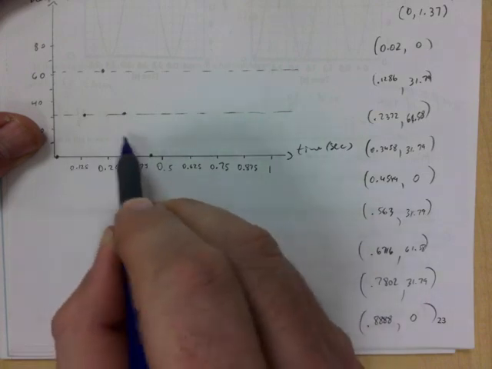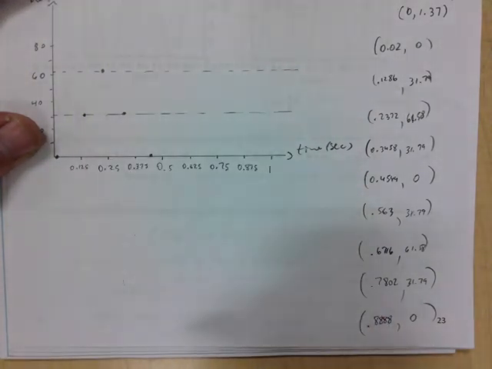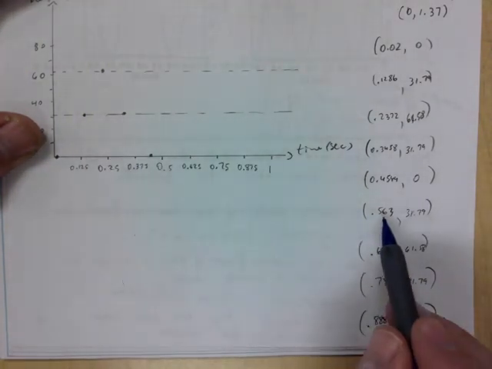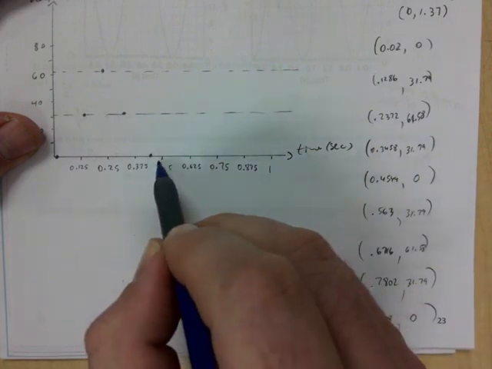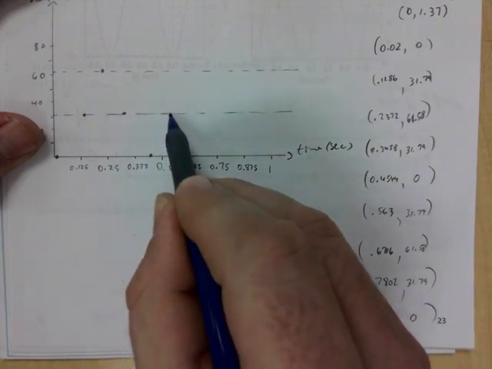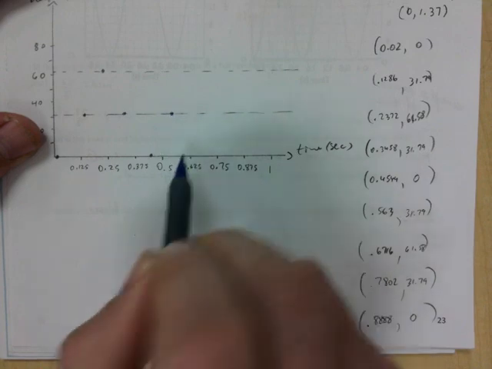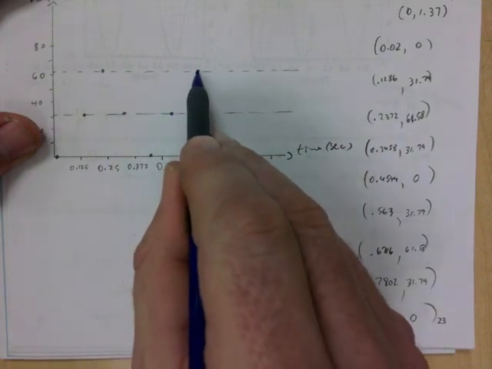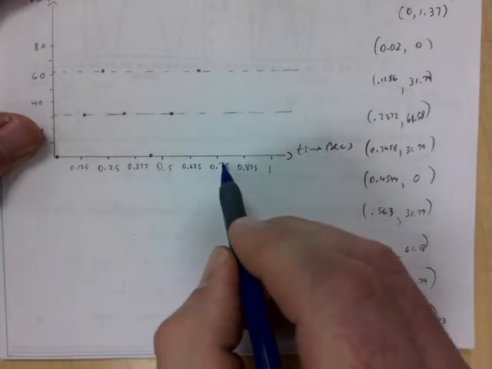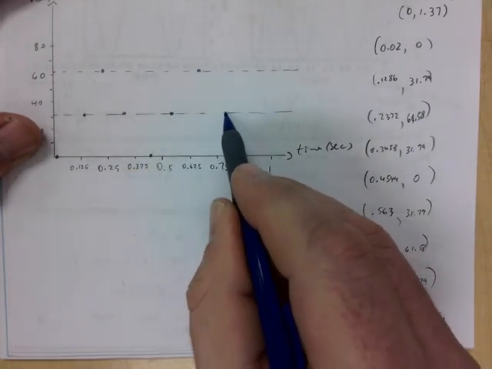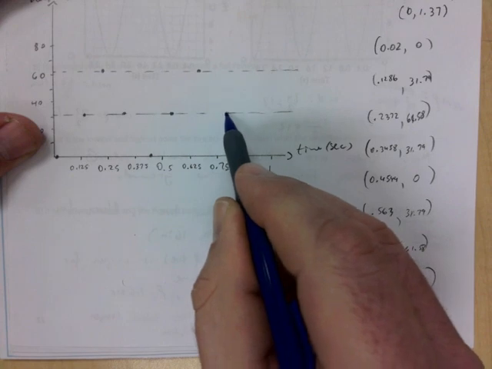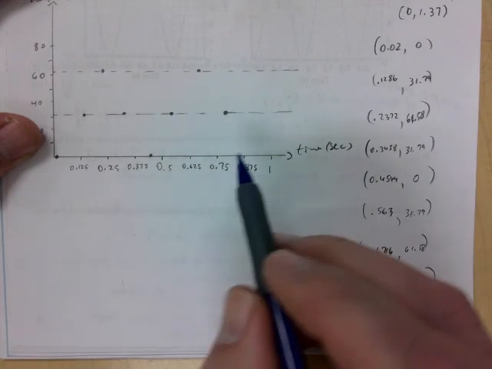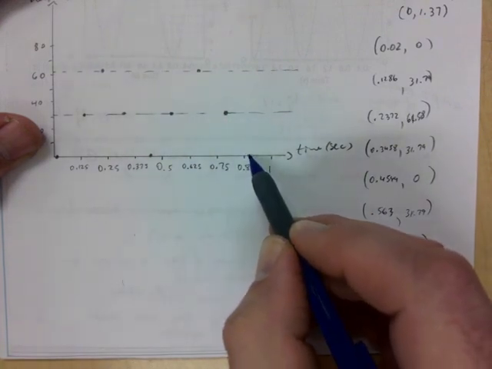Okay, and just make it look symmetric, right? At the same time, 0.563 is right about there, and 0.67 is right about there. 0.78 is right about there, and 0.88 is just past that.